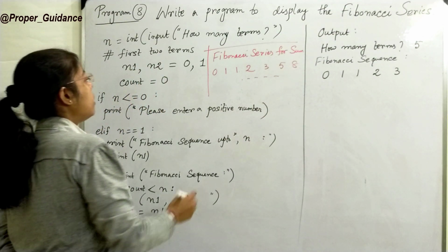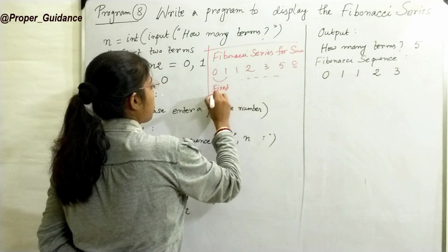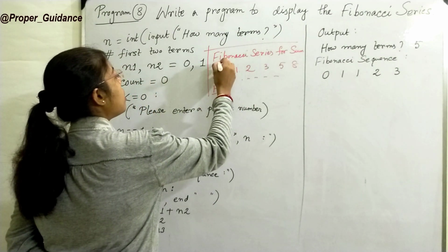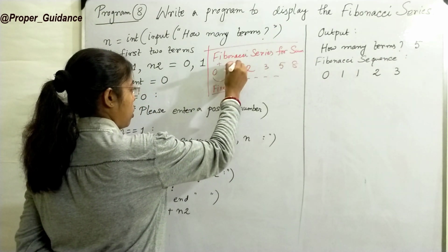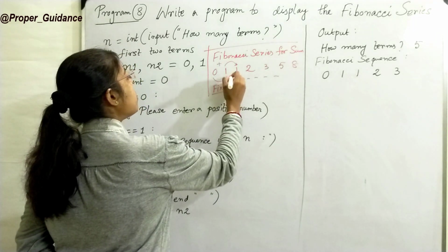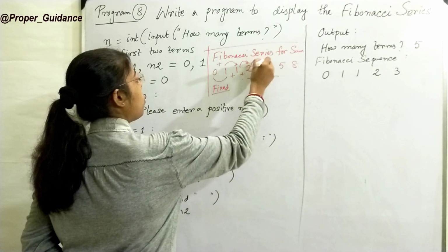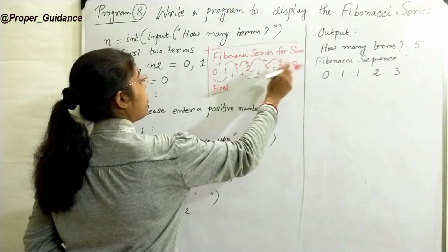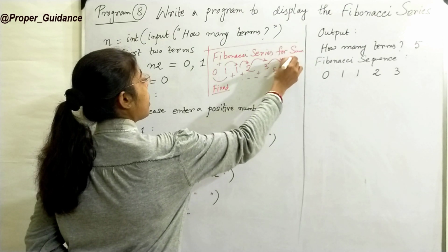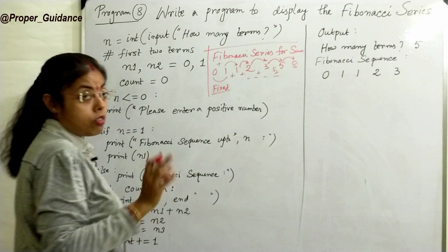That means these two terms, 0 and 1, are fixed, and by summing these two terms we get this one, and 1 plus 1 we get 2, 1 plus 2 we get 3, 2 plus 3 we get 5, 5 plus 3 we get 8, and so on. This is the Fibonacci series for summation.